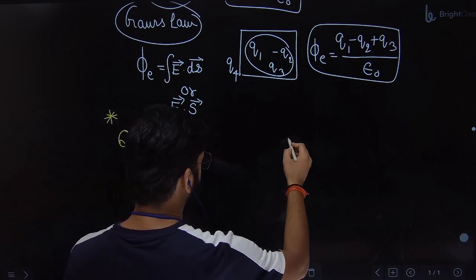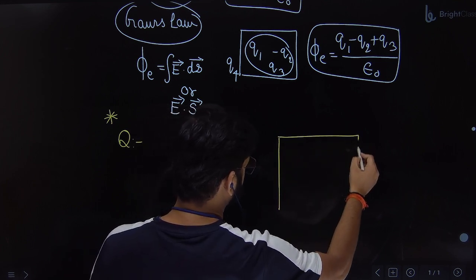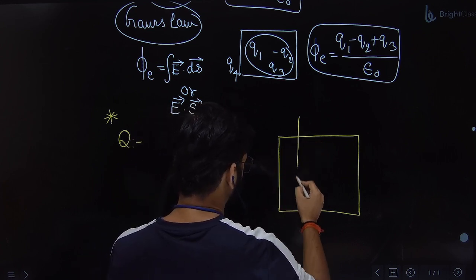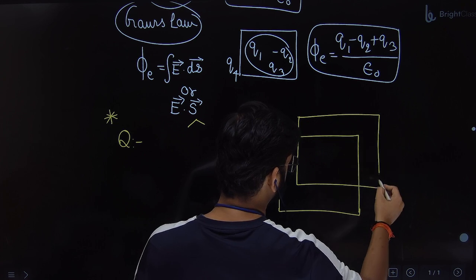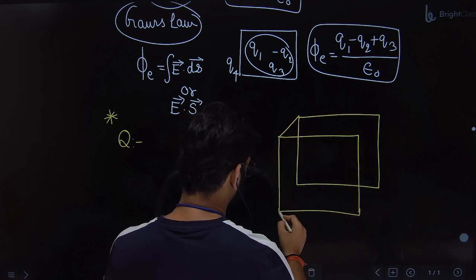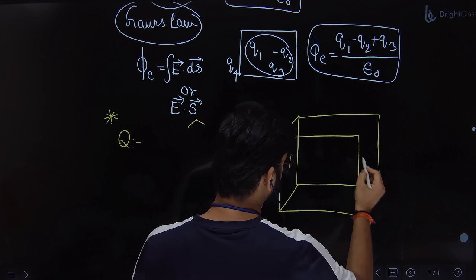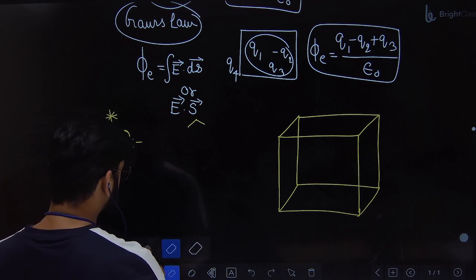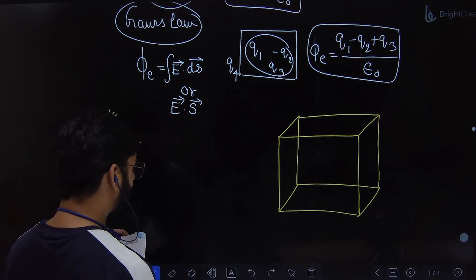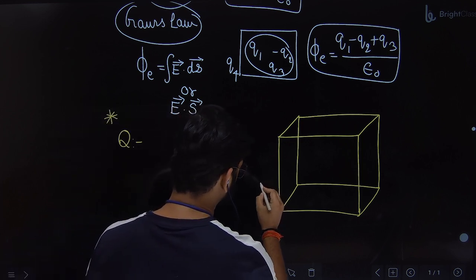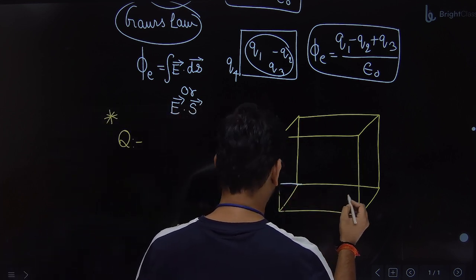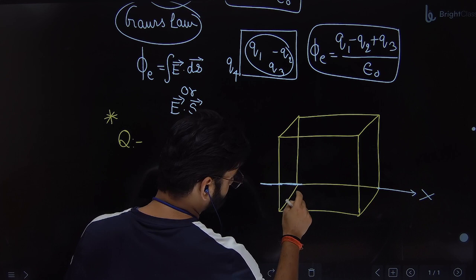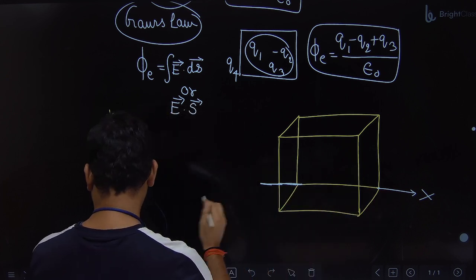So we have a cube. One cube is given. This is the x-axis, this line passing along this side of the cube.